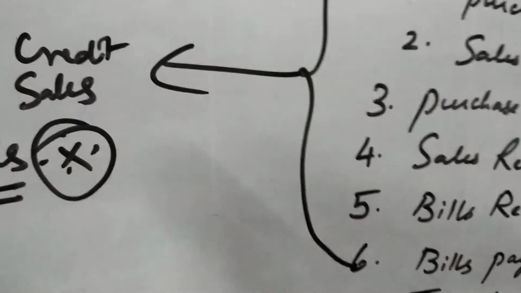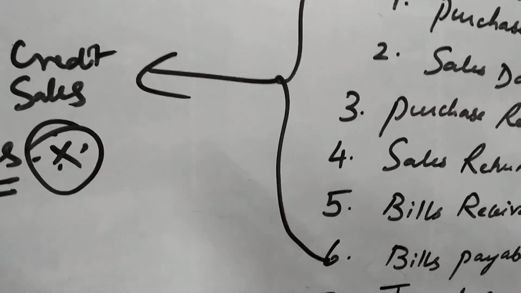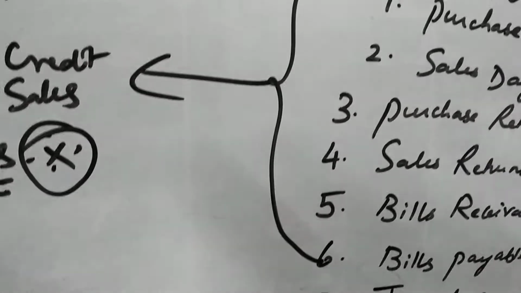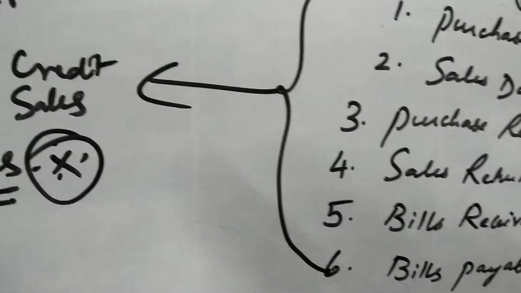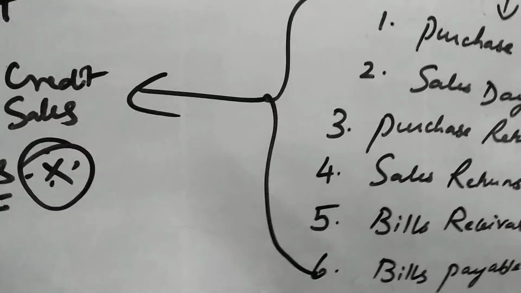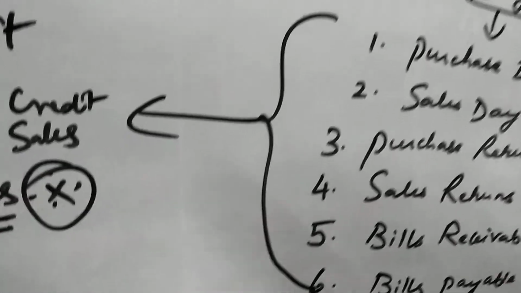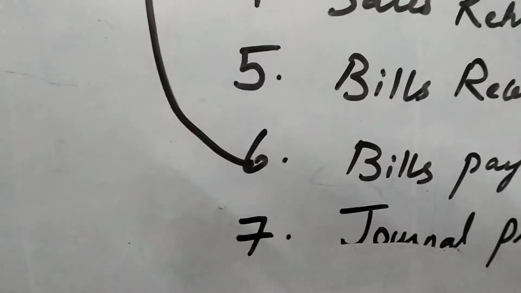For example, opening entry. In case of existing business, the business already has a set of assets and liabilities, right? So in case of any sale of an existing asset, those things will be recorded in journal proper.